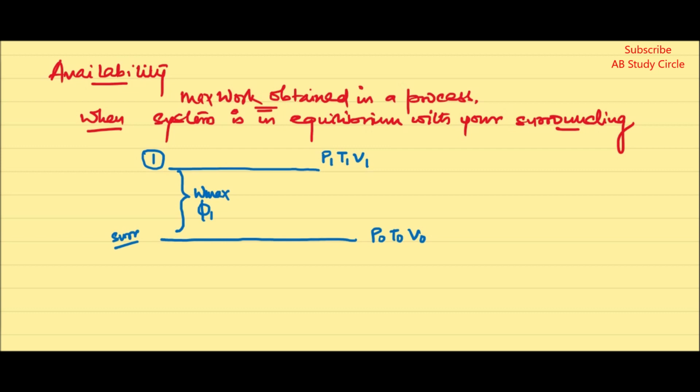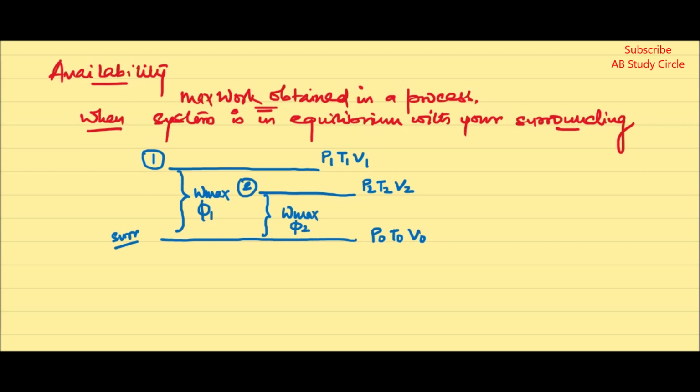Now the system moves to another state 2, having properties P2, T2 and V2. Again, when it comes in equilibrium with the surrounding, it will have a maximum work W max of phi 2.